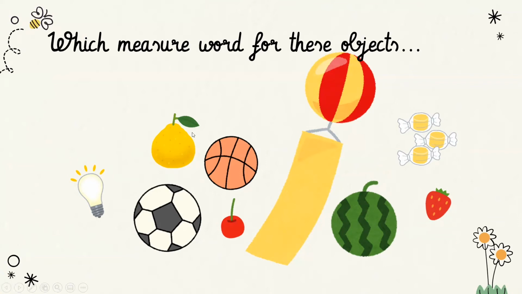So what measure word will we apply for those round things? It is 颗. 一颗草莓, 3颗糖果, right? So we will use 颗 as the measure word for these things, okay?